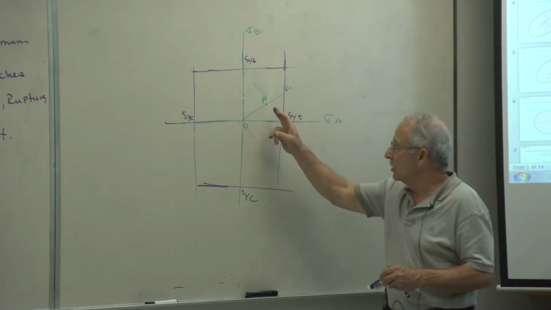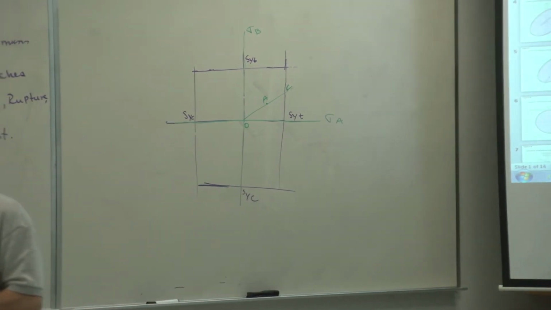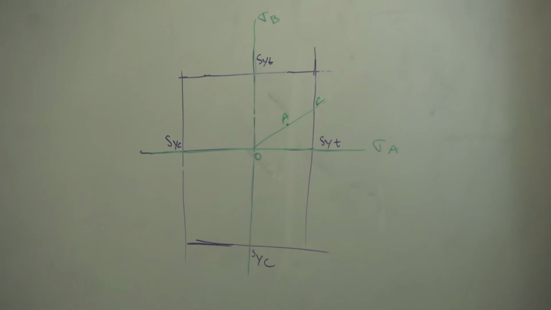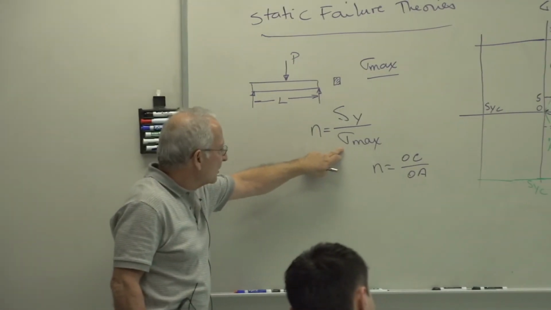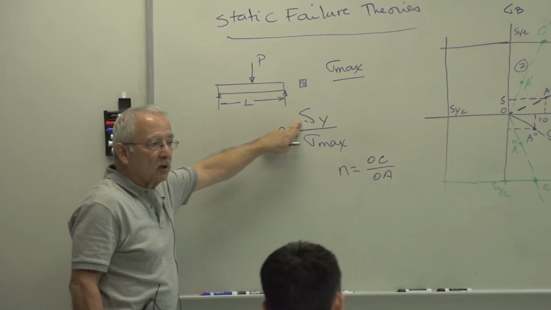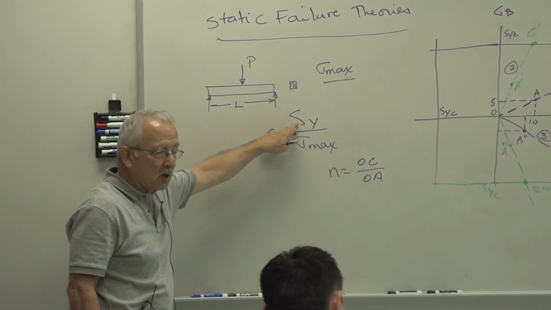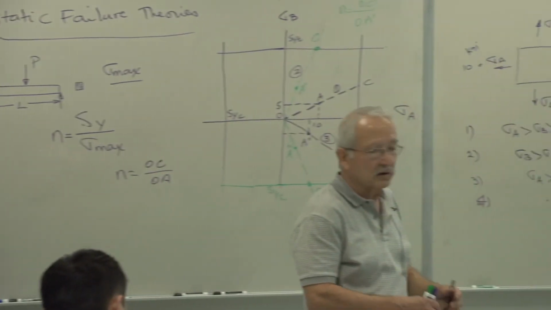And you could be here, you could be here, or you could be there. Any one of those. That you have already used, although not in that form. But that's what you did. If the stress was negative, you used the compressive yield strength. If it was positive, you used the tensile yield strength, which gives you the different regions of that diagram.